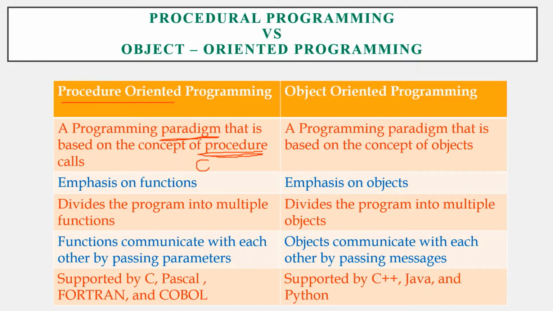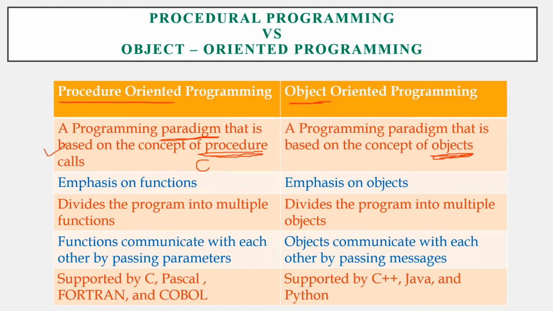But now you can understand that procedure-oriented programming is based on the concept of functions, whereas object-oriented programming or the object-oriented paradigm is based on the concept of objects. So once again, everything revolves around object in object-oriented programming.